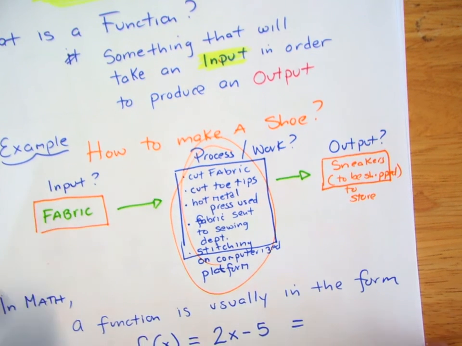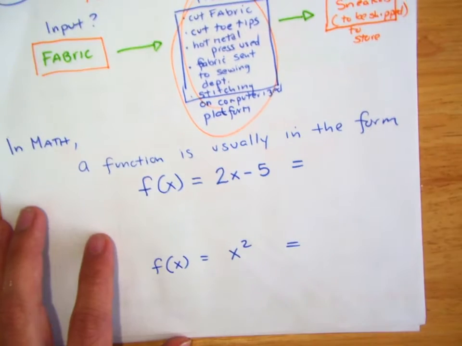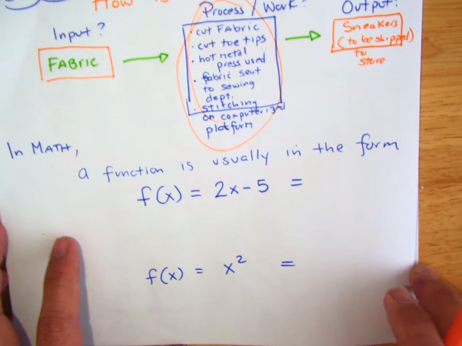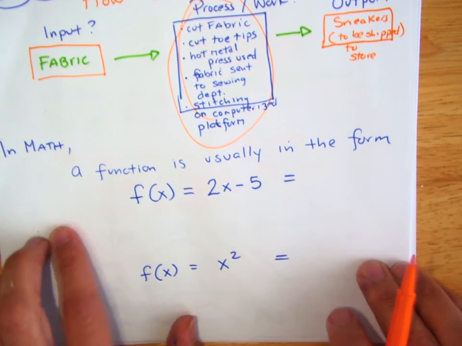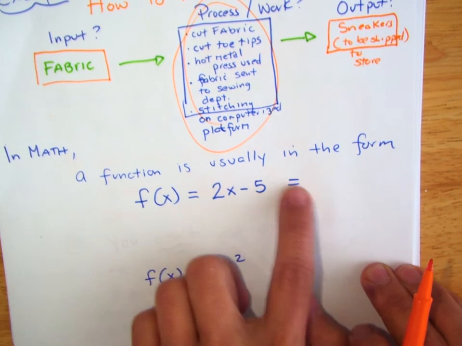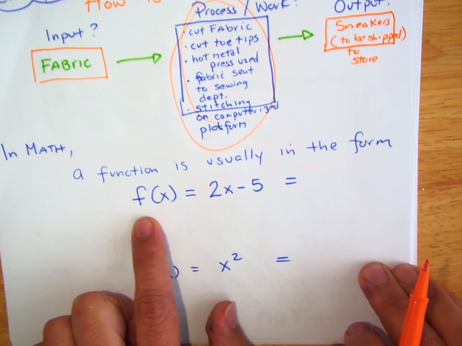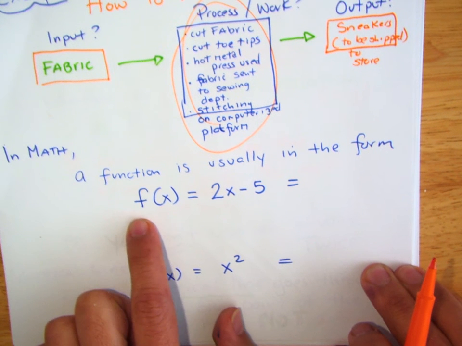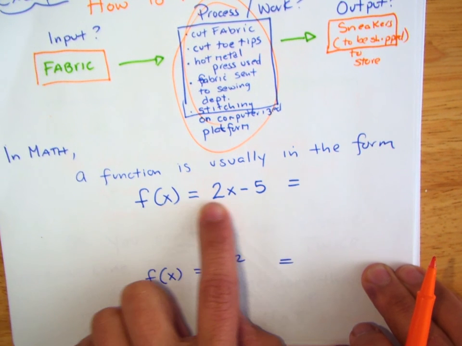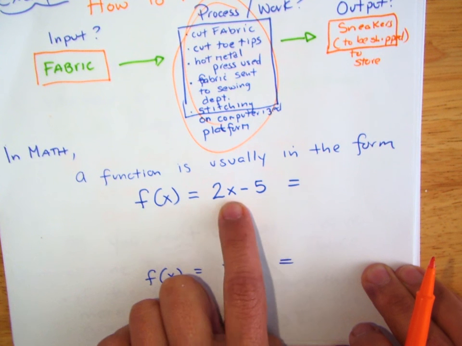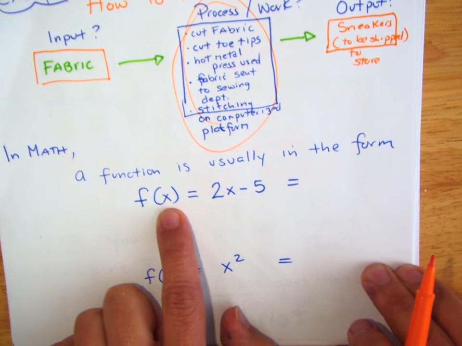Okay. So earlier in math, it looked like this in one of the worksheets. A function is usually written in a form like f. F can mean a function. f of x is equal to 2 times x minus 5. So the x can be the fabric.